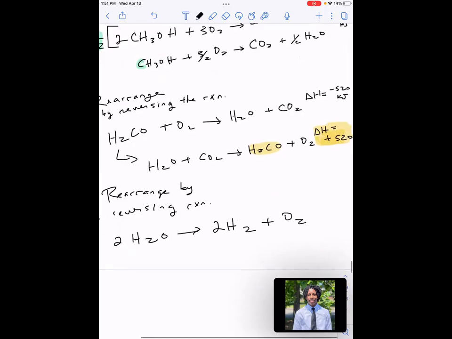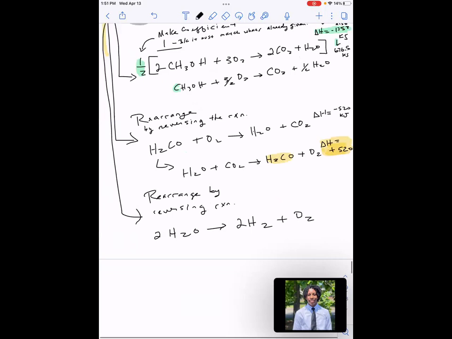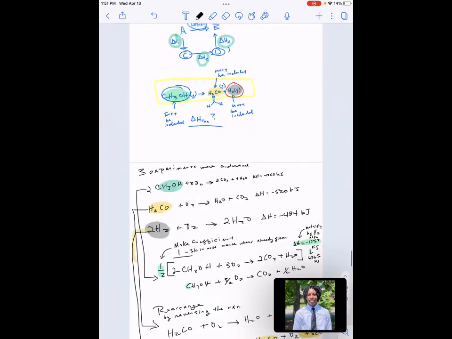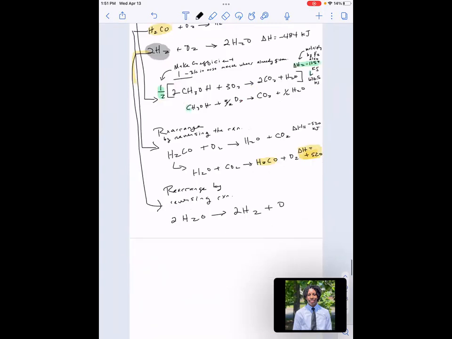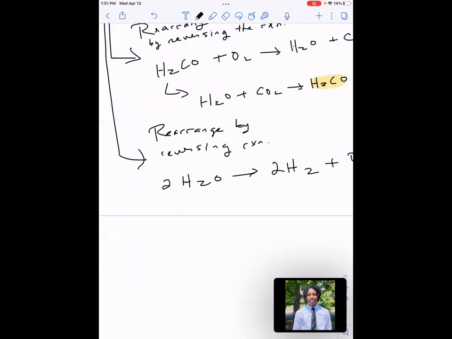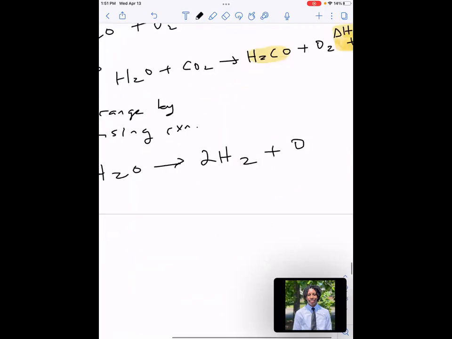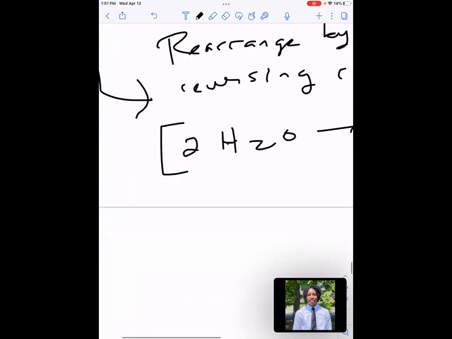Now what you'll notice right here is the stoichiometry is off. In the given reaction, there's only one H2. So I'm going to do the same thing here. I'm going to take this and multiply everything by 1/2.